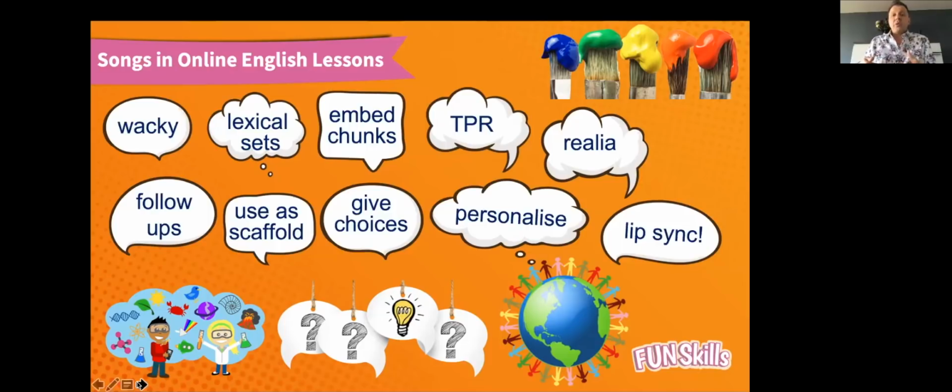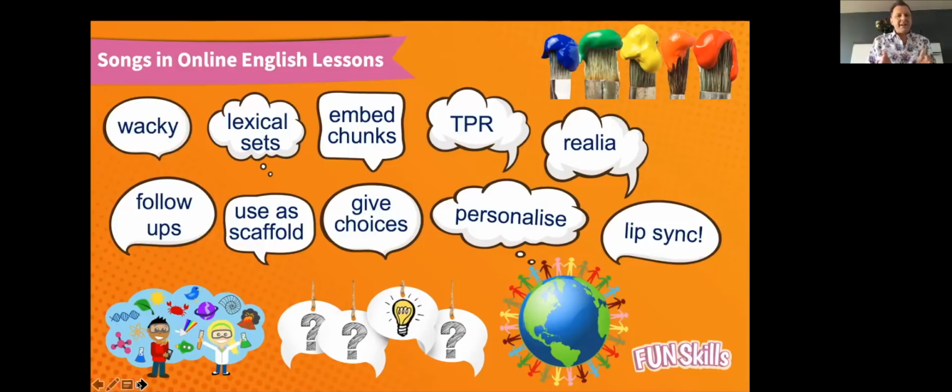And also, from the point of view of language, try to choose songs and use songs which embed meaningful chunks. So chunks of language that children can work out the meaning from the actions and from the story that the song is telling, and then use that in their own productive work, speaking or writing.